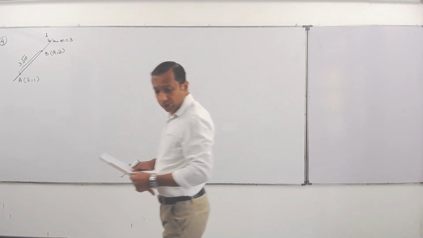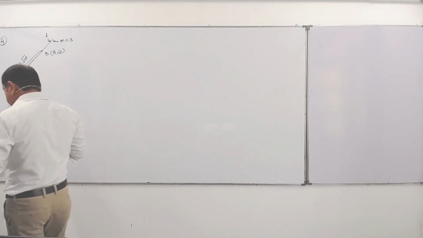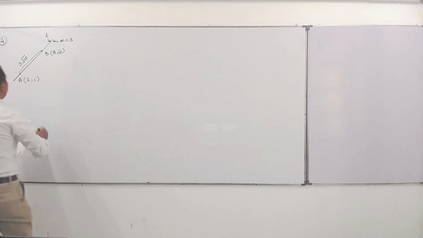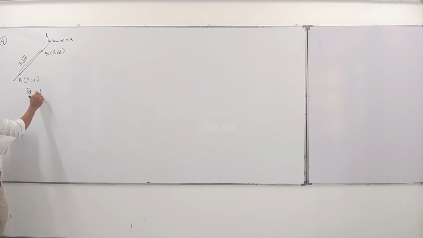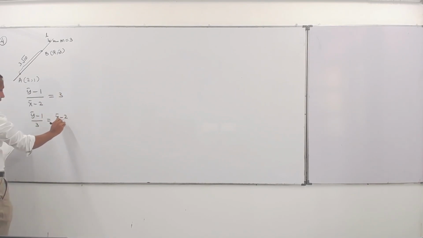Okay. Now let's see. I'm going to first write the gradient of this line L using x bar, y bar and this (2, 1). Then it is the difference of y coordinates, y bar minus 1, divided by x bar minus 2. That is equal to the gradient of the line L given as 3. Then I write it like this, bring this 3 here, x bar minus 2 here, divided by 1.